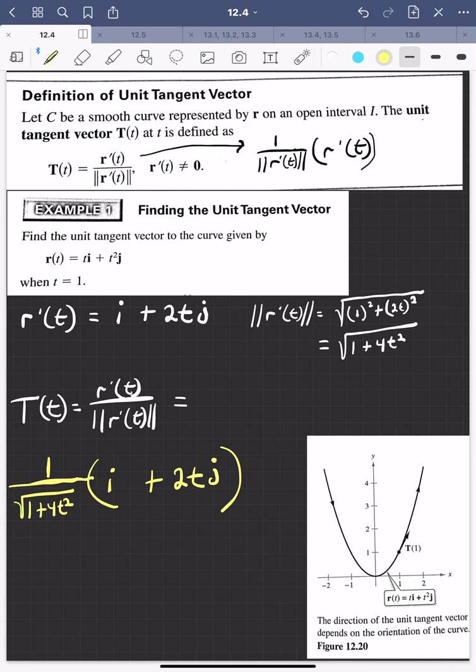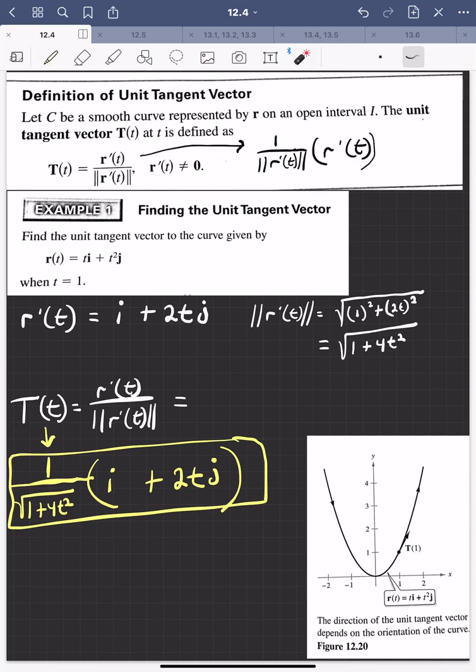So this is T of t. Now, notice that parameter, notice that t variable there. So all we want to do for the second part of this question is just evaluate it when t is equal to 1.